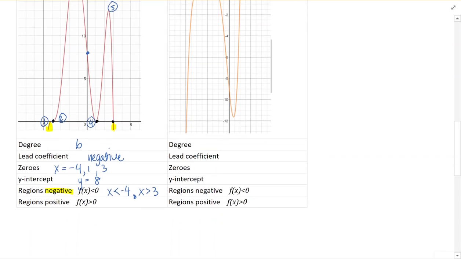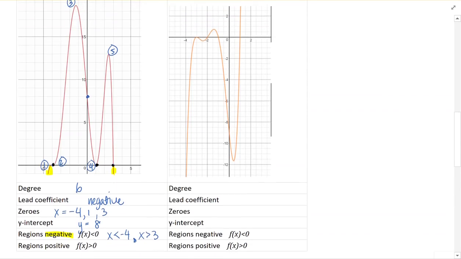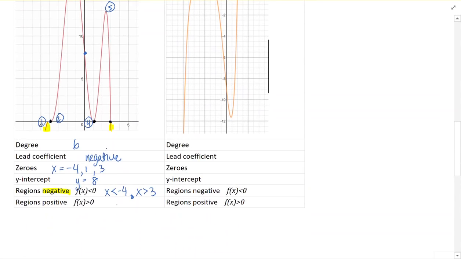So they don't really count. So the regions that are positive is basically when x is between -4 and 3, but x cannot be at 2. Okay, so, or sorry, not 2, that's 1. Not at 1. This point here is at 0.